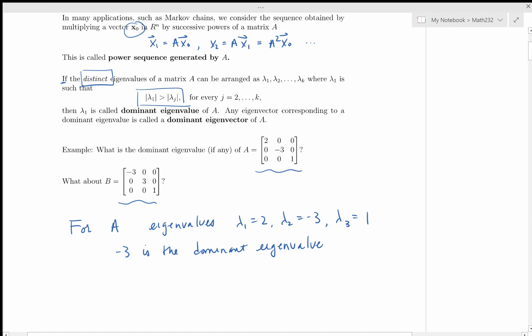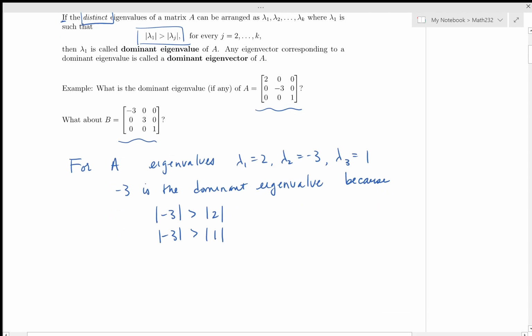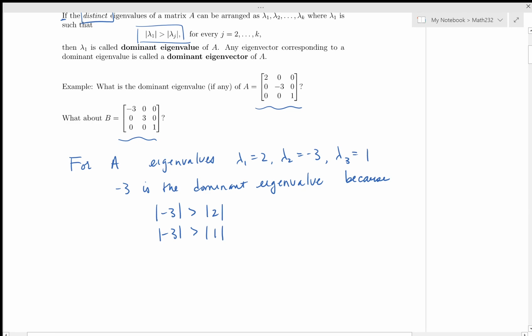Because the absolute value of minus 3 is bigger than the absolute value of 2, and the absolute value of minus 3 is bigger than the absolute value of 1. So minus 3 is the dominant eigenvalue. Now for B, what are the eigenvalues? That's another nice matrix.